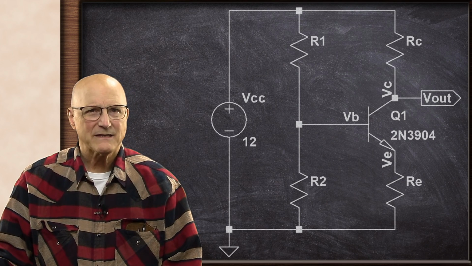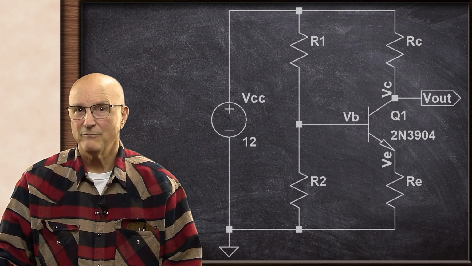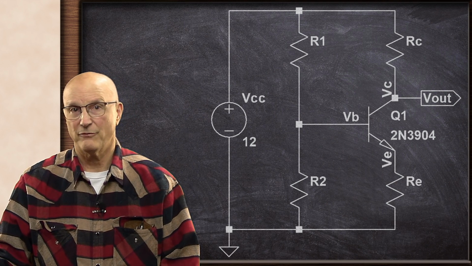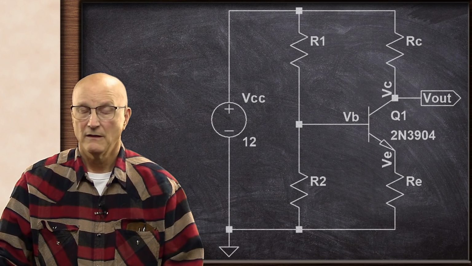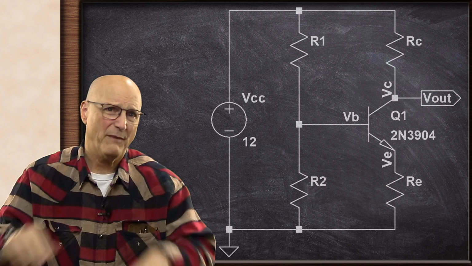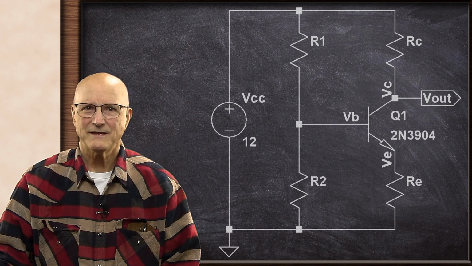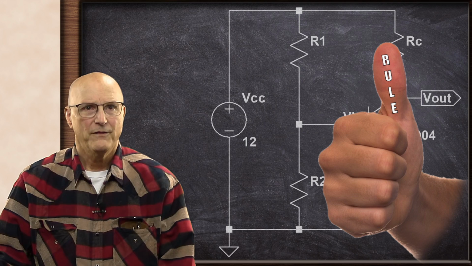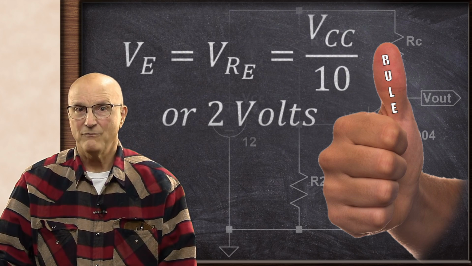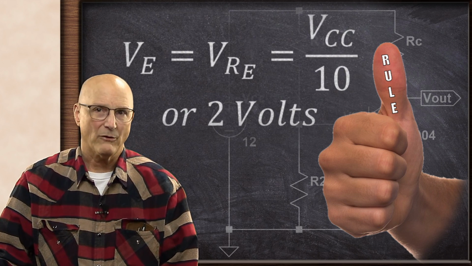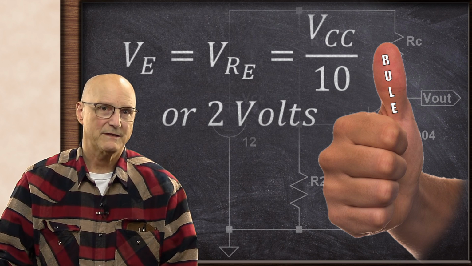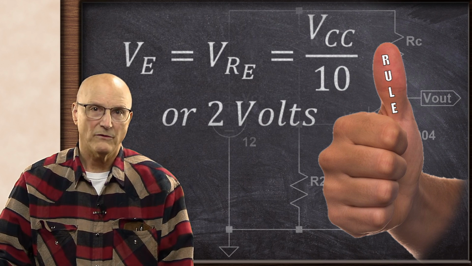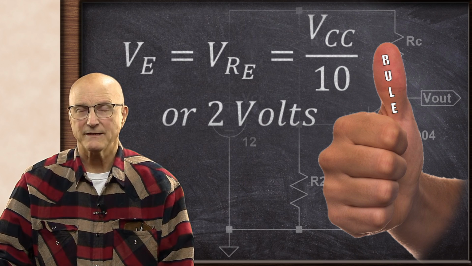We begin by establishing what the voltage will be on the emitter, VE, which also sets the voltage across the emitter resistor, VRE. But we don't have any information to base this on. This is where we get to leverage our first rule of thumb. This rule of thumb says that the emitter voltage will be the power supply voltage, VCC, divided by 10, or 2 volts, whichever happens to be less.